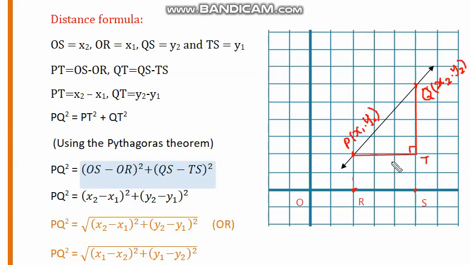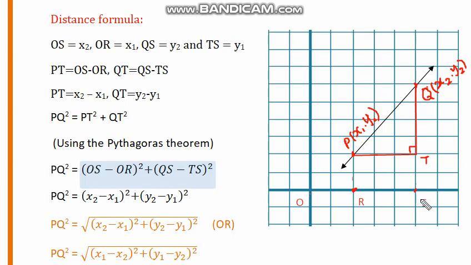Then how to find out PT? Now you can easily find PT equal to OS minus OR.